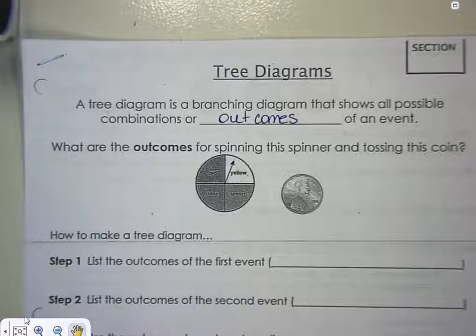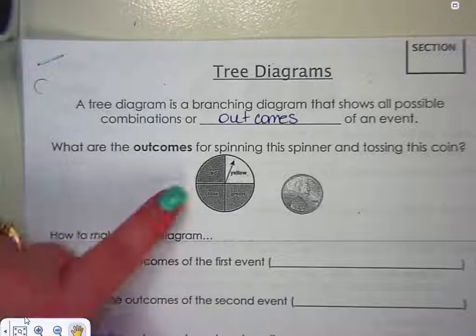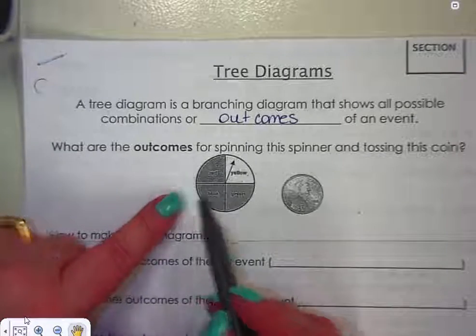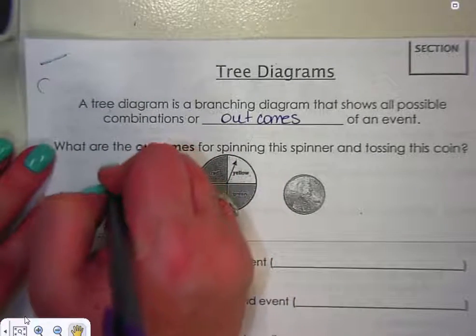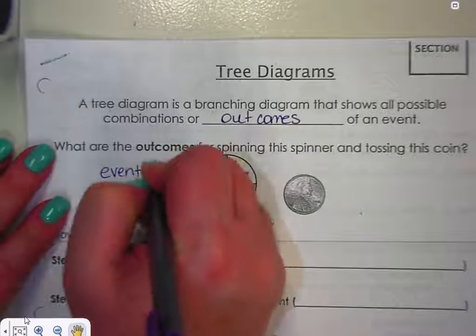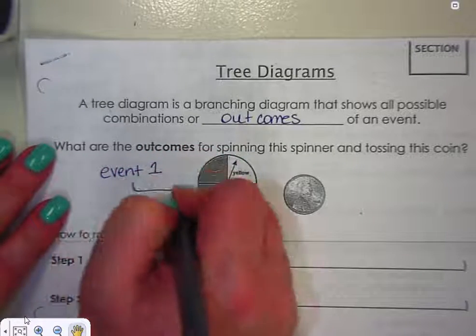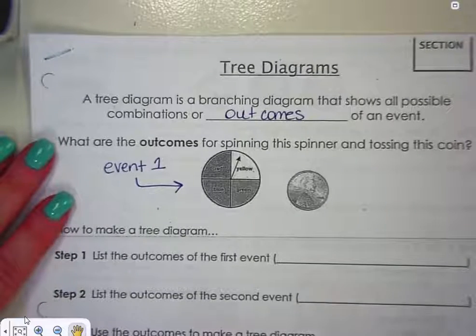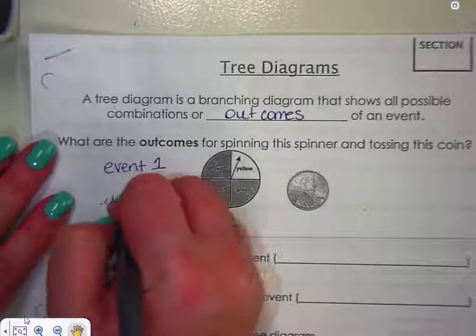What are the outcomes for spinning this spinner and tossing the coin? What are the outcomes? So we're going to look at that. This is event 1. How many outcomes are there for event 1? There are 4 outcomes.